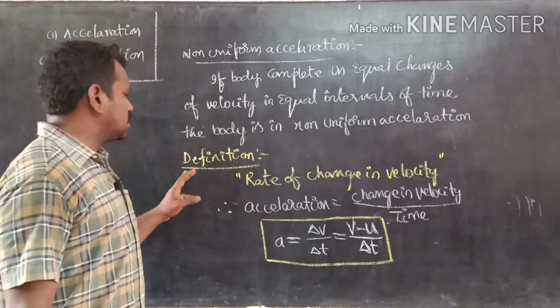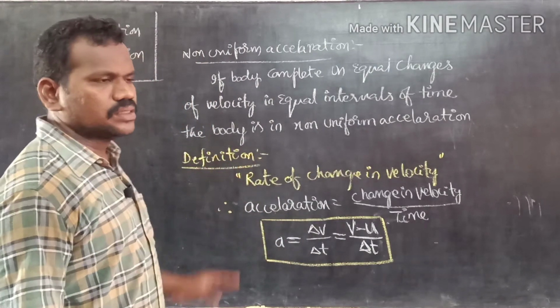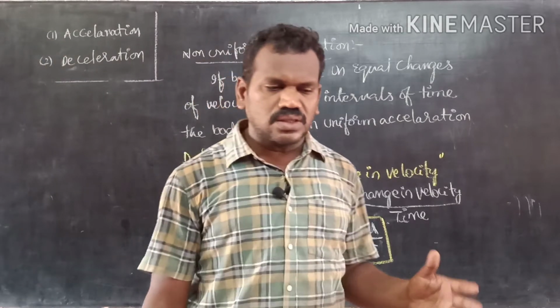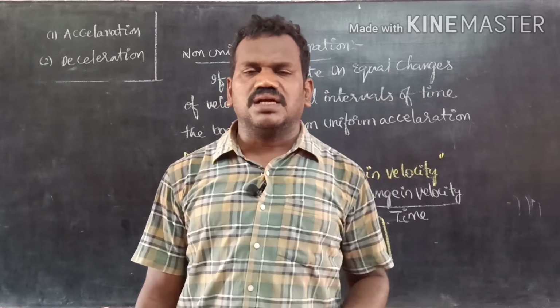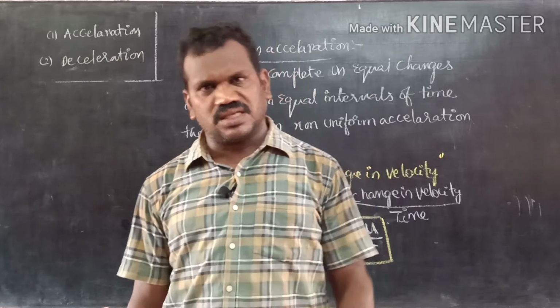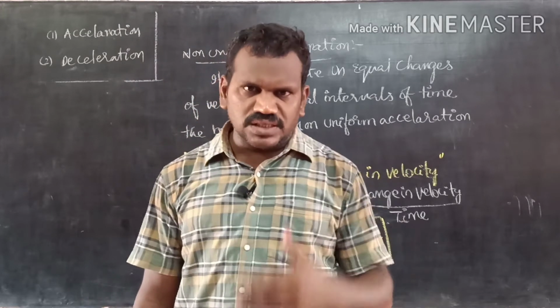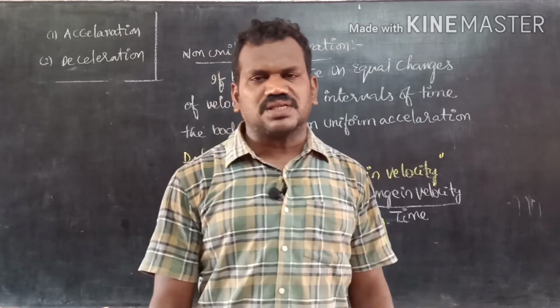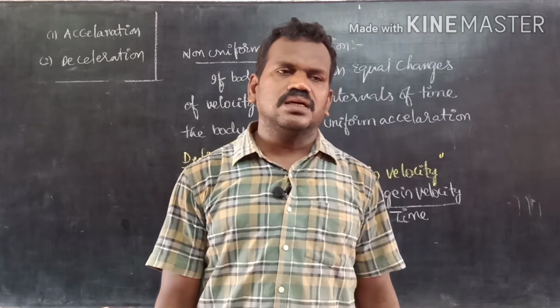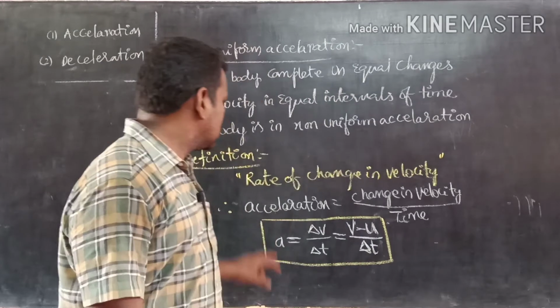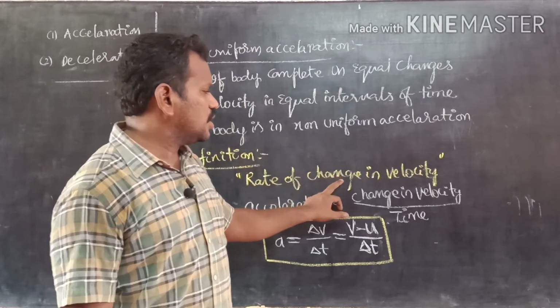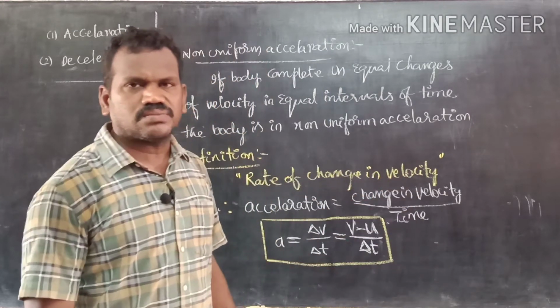Now let us come to the definition of acceleration. Till now we understood that acceleration is nothing but the change in velocity with respect to time. Physically it is called the rate of change in velocity.